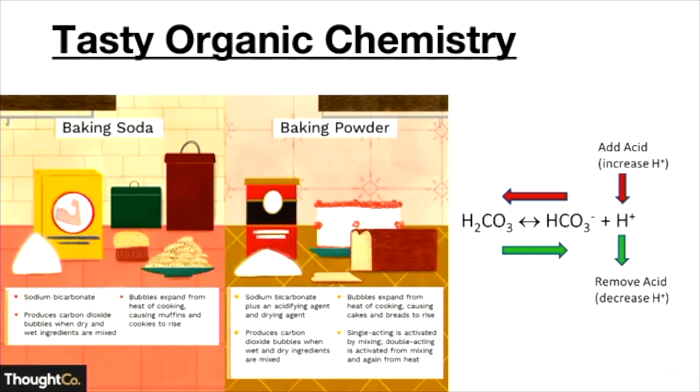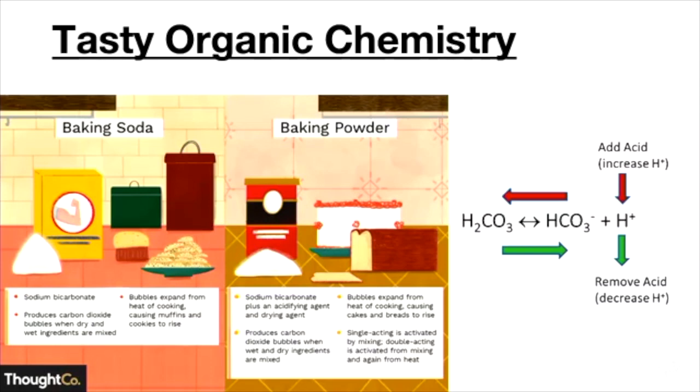And just like our ocean acidification slide from Tuesday, with acid, bicarbonate goes to CO2. And CO2 makes bubbles and makes nice, light, flaky pastry things, right? So the difference between baking powder and baking soda is just how fast you make the CO2.